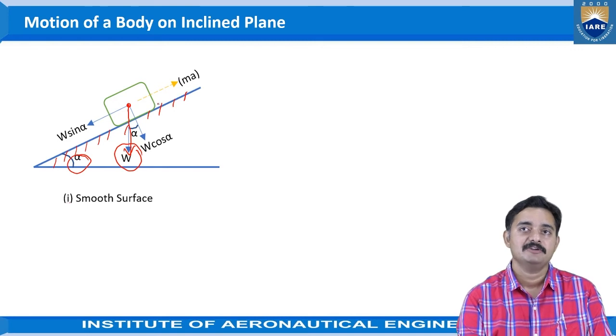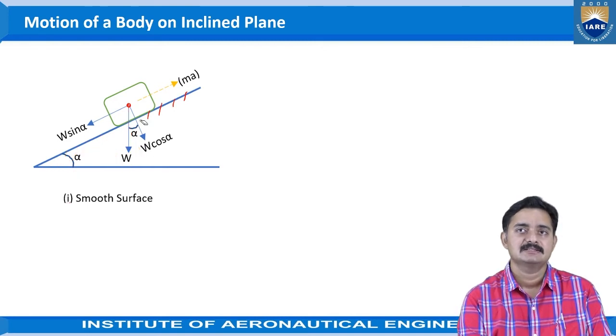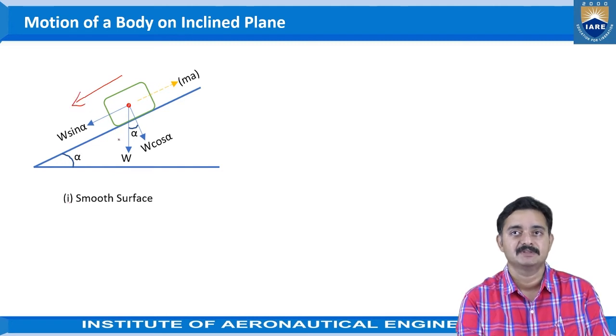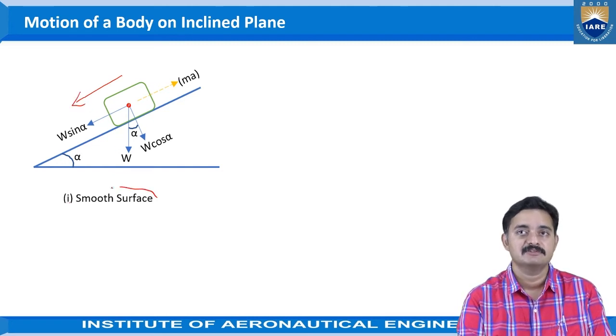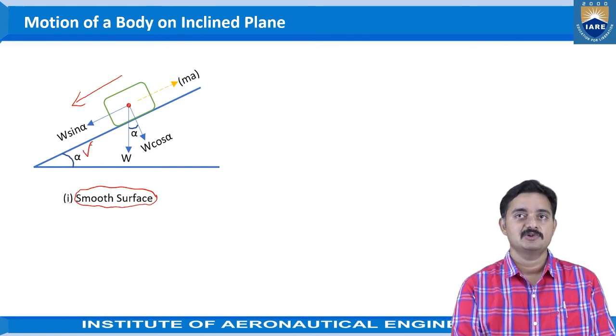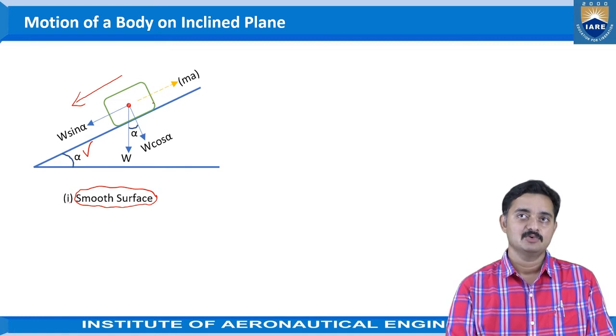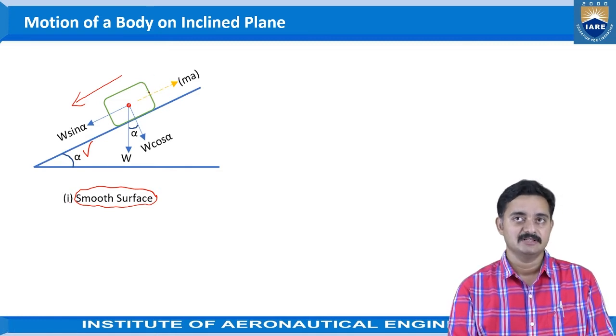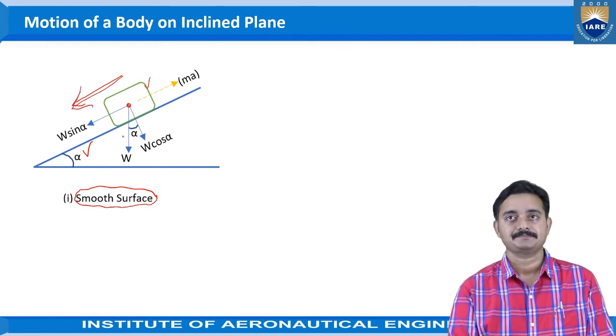So what we are doing? Let us consider that because of the inclination of the plane, the object will try to move downward. Let us say it is a smooth surface. When the object is placed on an inclined plane, as there is no support for this object, the object will try to move towards the downward direction of the plane.